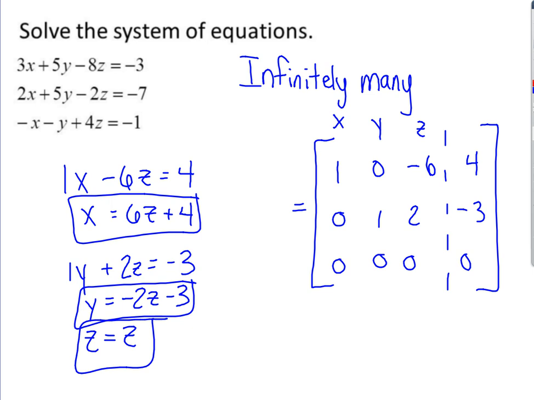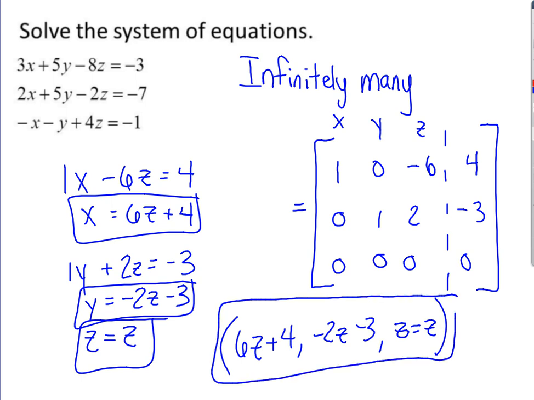If we write that like an ordered pair, but this will be an ordered triple, we'll have 6z plus 4, negative 2z minus 3, and z is just equal to z. What this means is that for any value z that we plug in, we will get a solution that works as long as you plug the z in for each part.